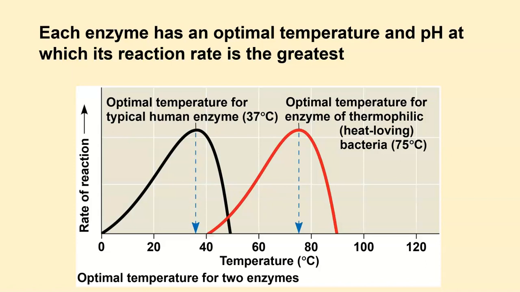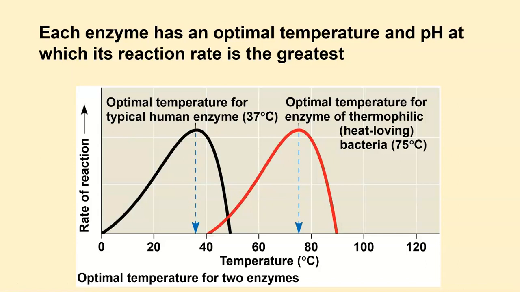As shown here, we're comparing in a different graph the effect of temperature on the rate of reaction in two different organisms. One on the left in the black graph is showing the optimal temperature for typical human enzymes. You can see that in general, our body enzymes work best at about 37 degrees Celsius, where the peak is, and there's a pretty steep decline in the rate of reactions once we go beyond 37 degrees.